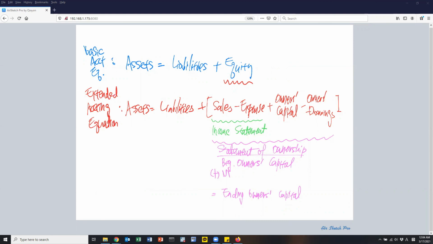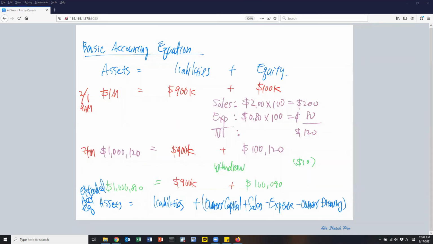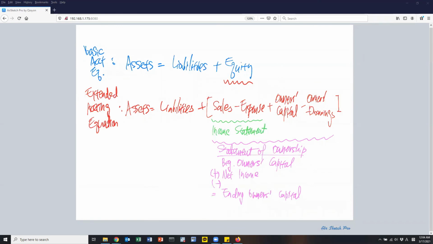But we also saw that at the end of the day, I withdraw money from my company's cash register, which is a negative factor toward your ending balance of owner's equity. That is, when there are owner's drawings, it decreases my ending owner's capital.